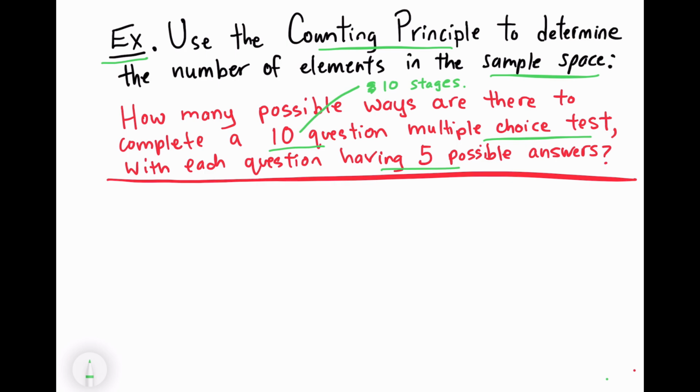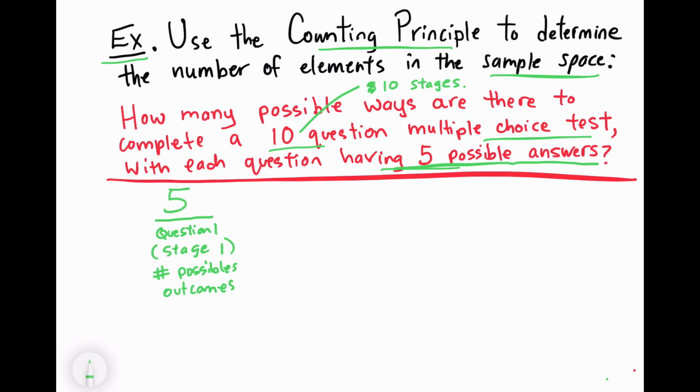So, for example, let's look at stage 1. Question 1 is stage 1. What is the number of possible outcomes to stage 1? Well, each question, we're told, has 5 possible answers. So there are 5 possible answers you could have in stage 1.